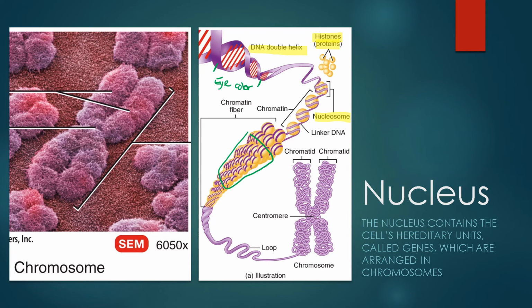This bow tie structure is called a chromosome. Now, as you can see, because it's so compacted, there's going to be really a ton of DNA within these chromosomes.